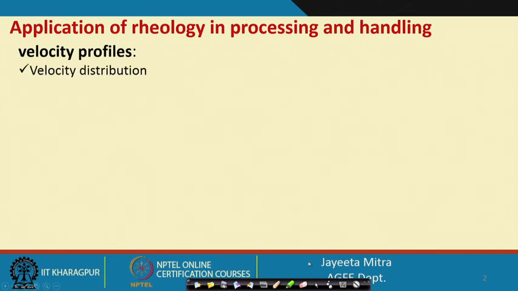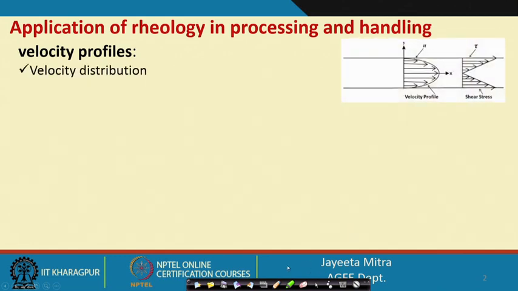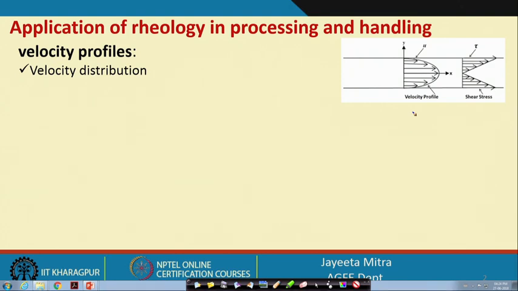Velocity distribution. We know that in the general case, consider this as a pipe. This is a cross section we have taken, and we are considering a steady state condition of flow of Newtonian fluid in laminar flow.